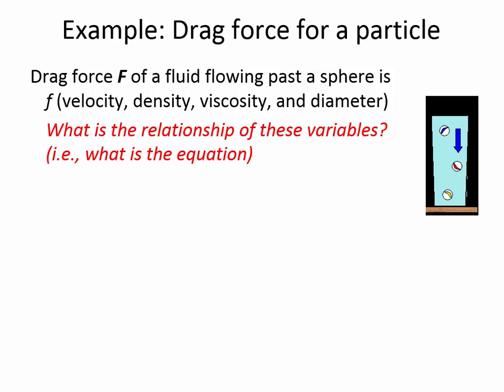Let's say you went into the lab and you observed that you had a lot of different spheres, and if you changed the diameter of the sphere, then the drag force went up. You didn't know exactly what the relationship was between diameter and drag force, but you knew that the drag force was dependent on the diameter of this sphere falling downward through a fluid.